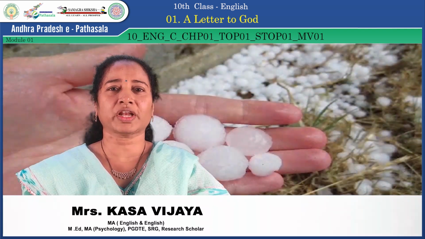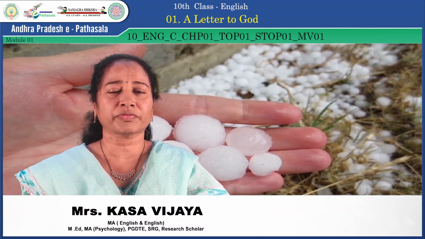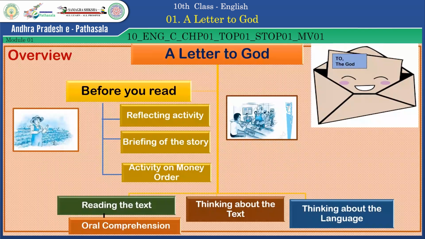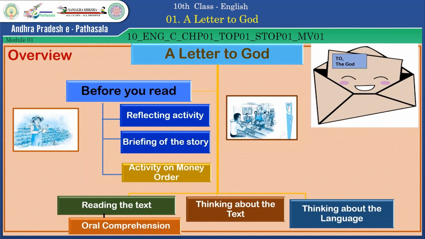Before we go deep into our lesson, let's have a look at overview of today's session. Firstly, we are going to have Before You Read activity, in which we will be dealing with reflecting activity, briefing of the story, and activity on money order.